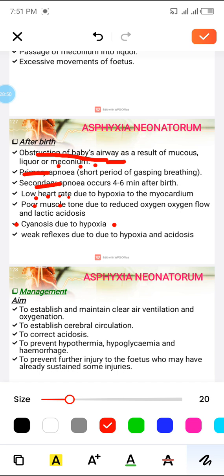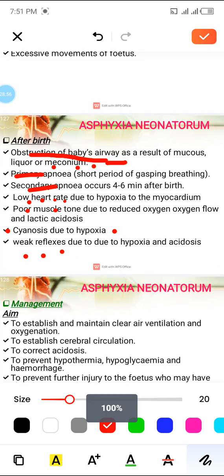These neonates become cyanosed. Then any other will be weak reflexes. Like we said, the child who is severely asphyxiated will not have those reflexes prominent. It will be flat. So this is due to hypoxia or acidosis, and this has to be followed in the pathophysiology.